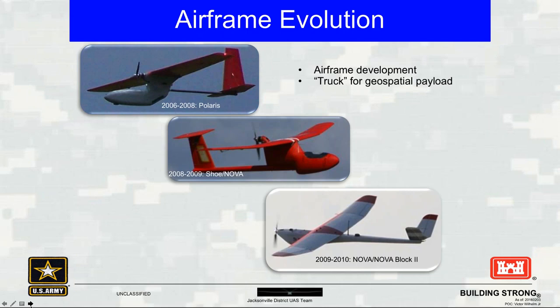The upper left airframe, the Polaris, was designed by a student at UF at the time, and as they cycled in and out, we got new ideas and learned from failures as to how to develop the next aircraft and get the system we needed for field use, out in the middle of a swamp. By 2010, they had developed the Nova 2, and that's really close to the airframe that we're using today. Next slide, please.